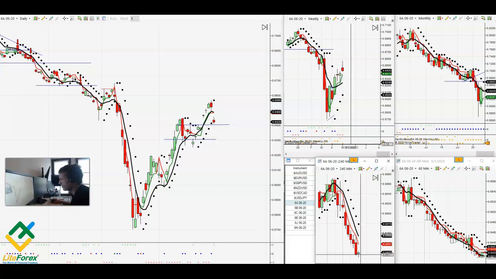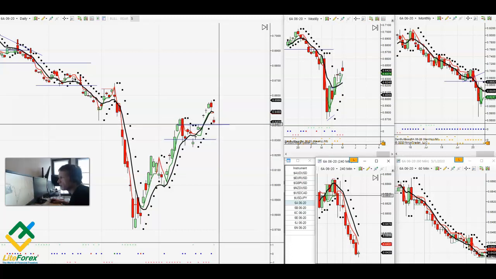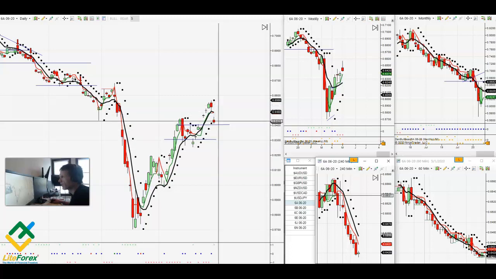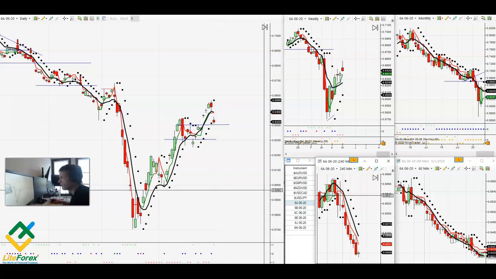But the 240 is suggesting we will pull up before we come down. So that's how I'm going to be playing the Australian dollar. 64 is going to be key support. If it breaks through 64, it's going to come down. 63 will be next. But look for that initial bounce before it comes down.